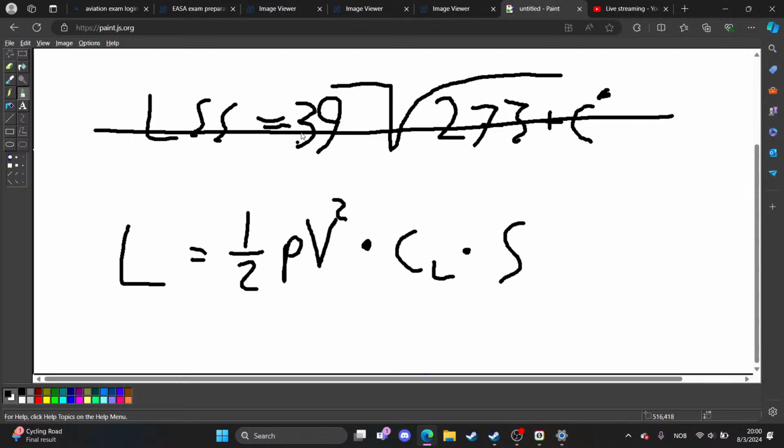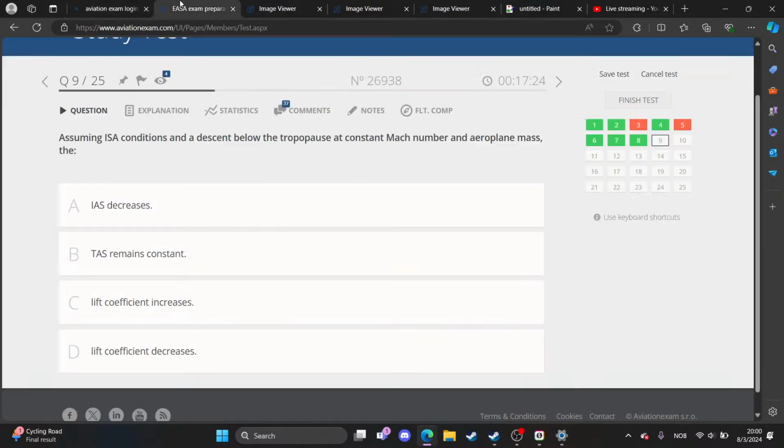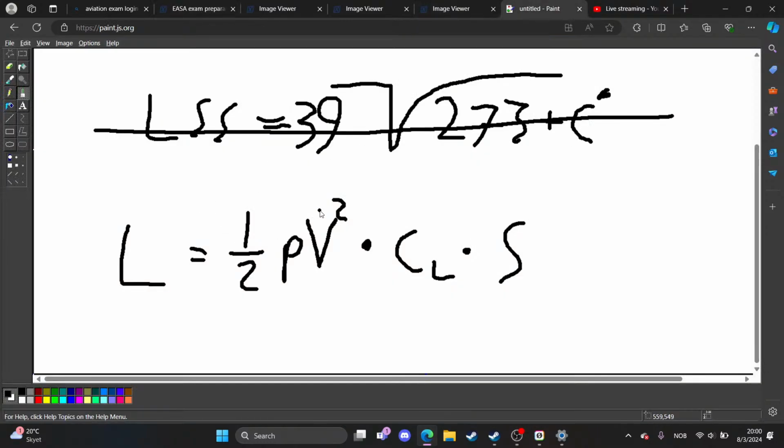So, what's the question again? If we're descending below the tropopause at a constant Mach number, okay, so we are descending. TAS will be increasing, so velocity will increase. Density is increasing. That means we need to decrease our coefficient of lift.